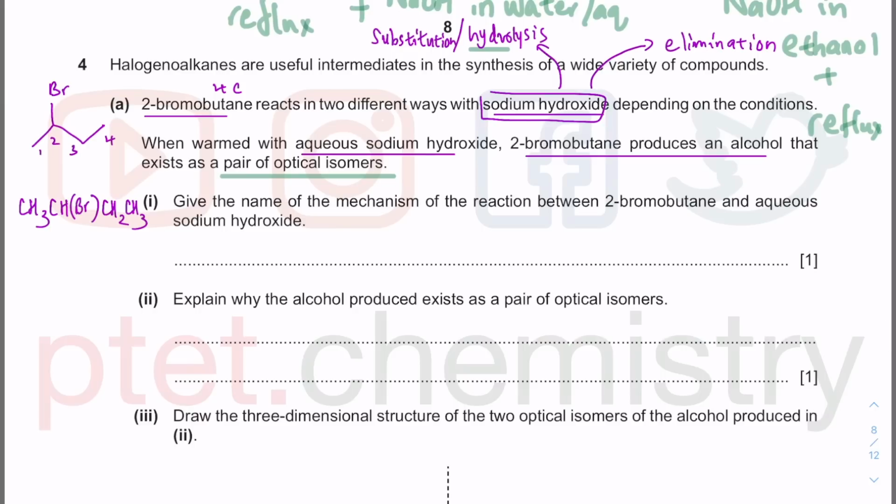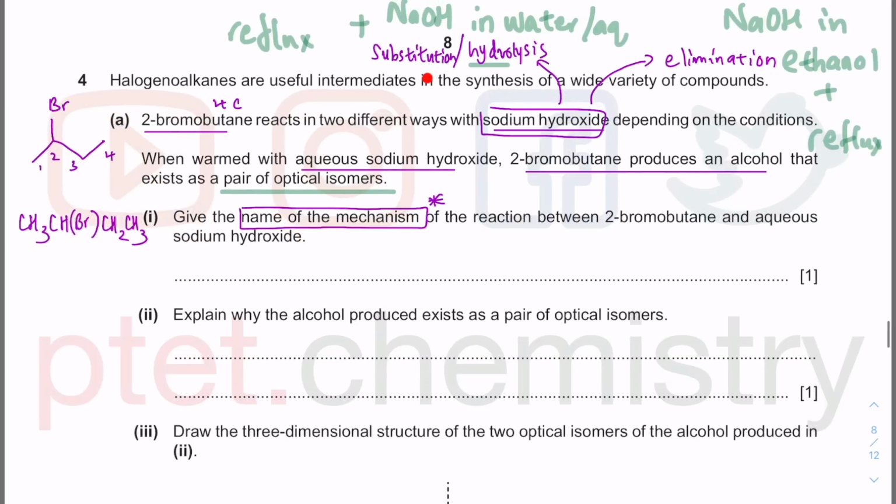They want specifically the name of the mechanism as stated in the introductory organic chemistry. When they produce this alcohol, they undergo a substitution type of reaction, but the mechanism is called nucleophilic substitution, as the OH minus acts as a nucleophile.